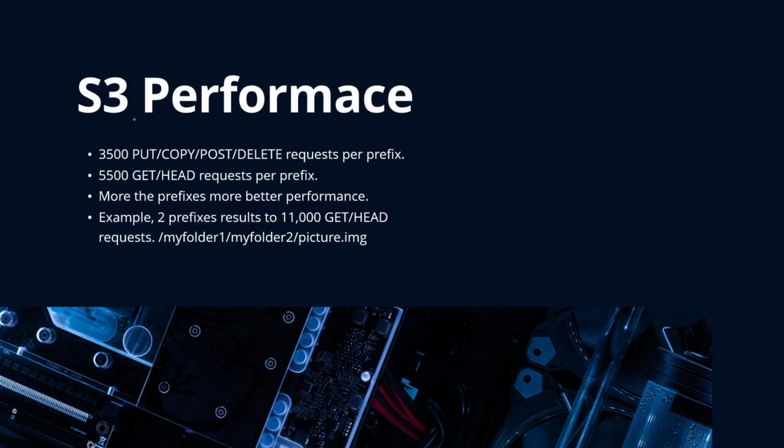Now let's talk about S3 performance. I wanted you to understand what a prefix is, because everything is quite related to prefixes when it comes to S3 performance. You can have 3,500 put, copy, post, or delete requests per prefix. 3,500 is a huge number.